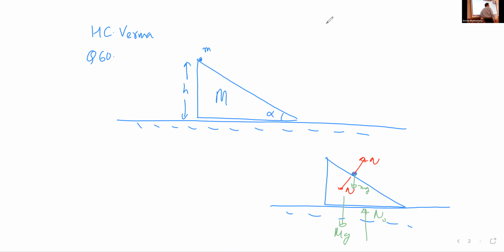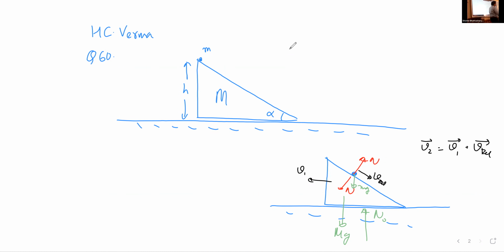As a result, the particle is moving with a relative velocity like this. In the ground frame, its velocity is actually different, whereas the wedge is moving with a velocity, let's say, v1 like this. So the actual velocity of the particle v2 will be the vector sum of v1 plus v relative, which I have shown in the diagram.